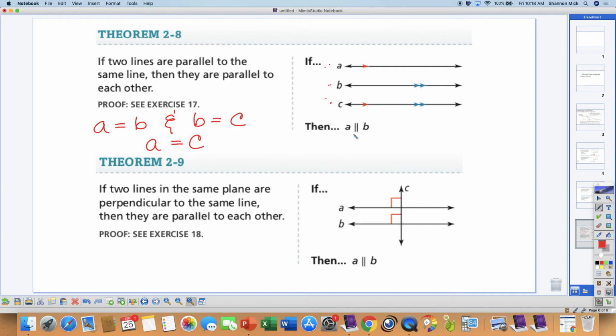I should have put parallel instead of equal here. So if A is parallel to B and B is parallel to C, then A is what to C? Parallel. Just the transitive property.